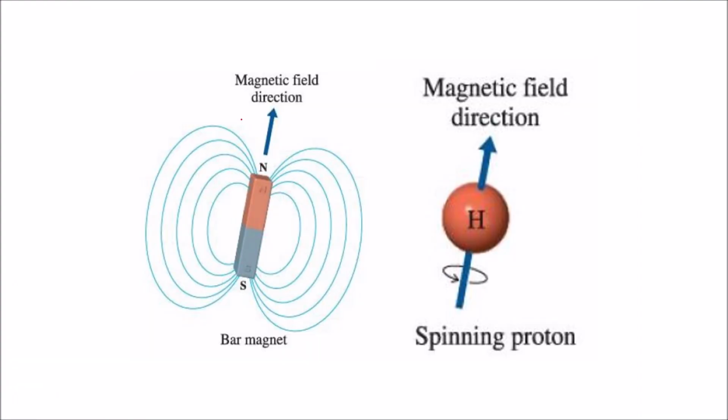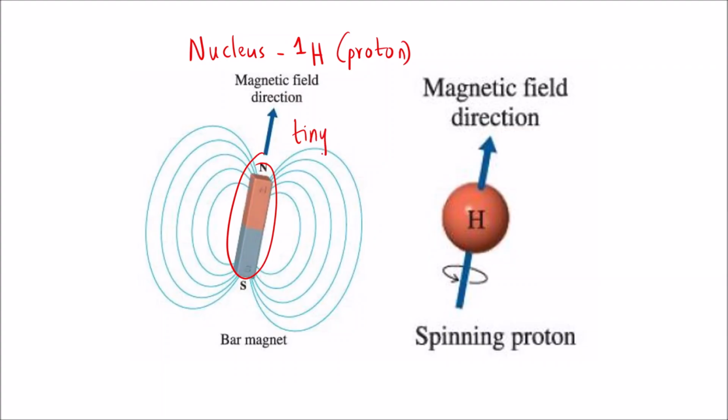Okay, so every nucleus that is present, for example, let's say 1H, hydrogen, or generally we call this a proton. The nucleus 1H, or any nucleus, when it is present in the magnetic field, behaves like a tiny bar magnet. So what exactly happens when you place it in the magnetic field?